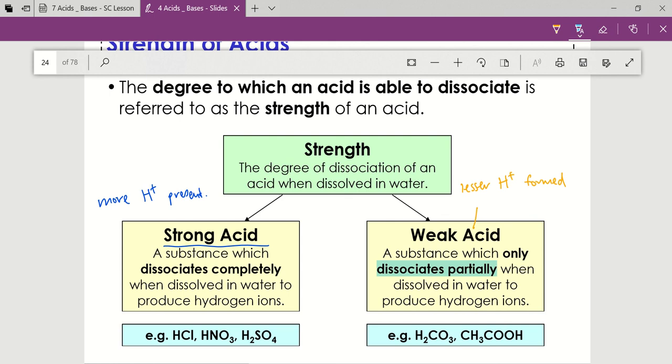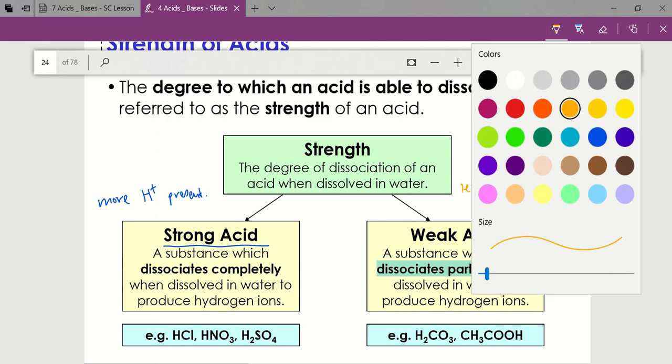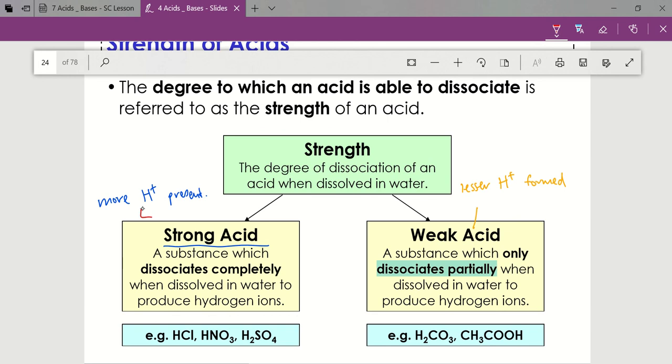So how does that impact the pH value of the solution then? For the strong acid, it should usually result in a lower pH because there are more hydrogen ions present. Whereas for the weak acid, it will usually result in a higher pH because there are fewer hydrogen ions present.